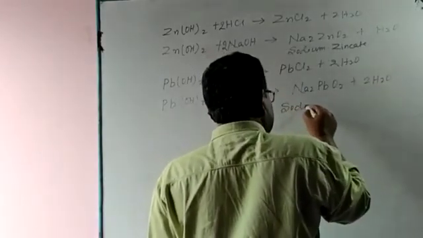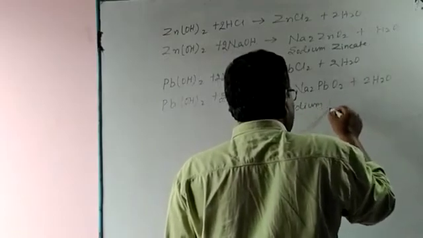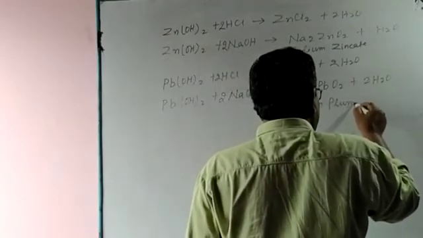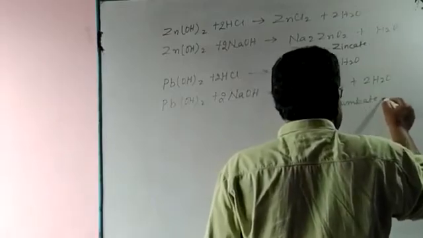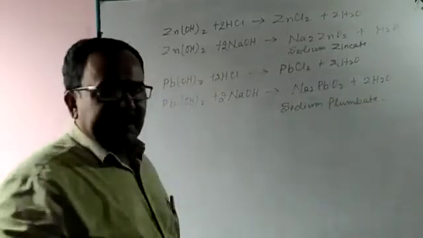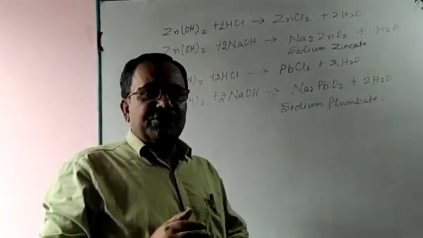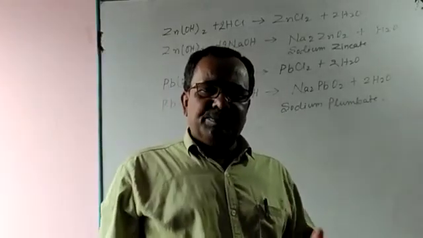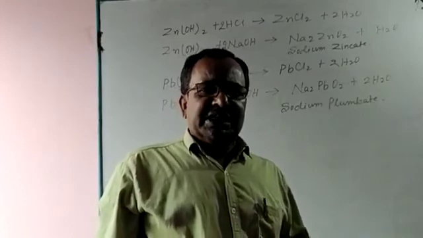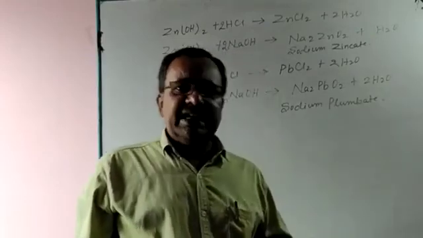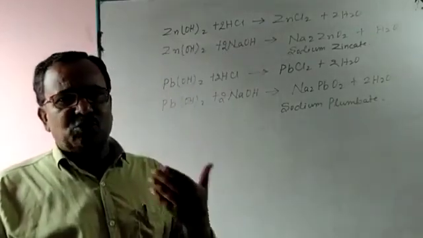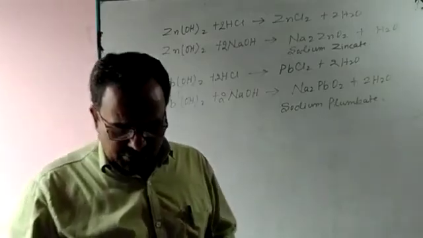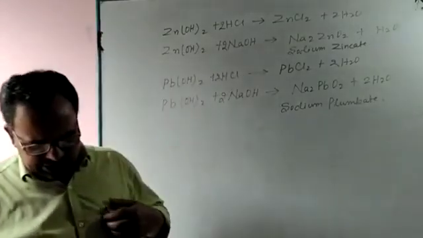Sodium plumbate. In these chemical reactions, we study that some bases are amphoteric because these bases react with acid as well as base, and so have dual character.